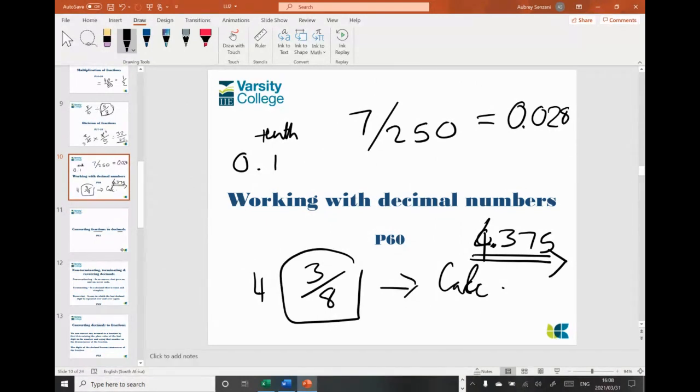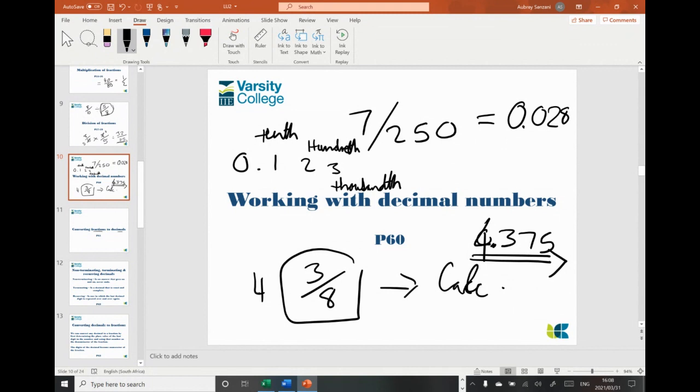Then this is going to be a hundredth. This is going to be a thousandth. And so forth. That's pretty much what they want to highlight there.